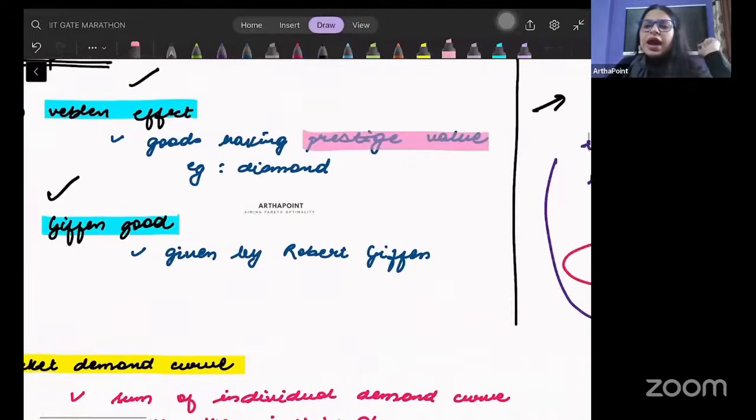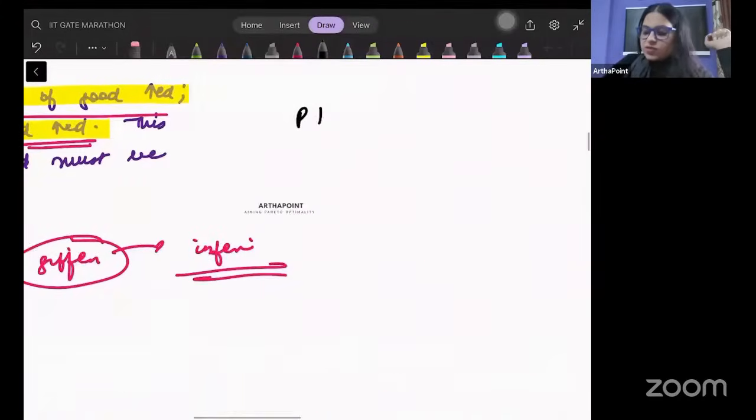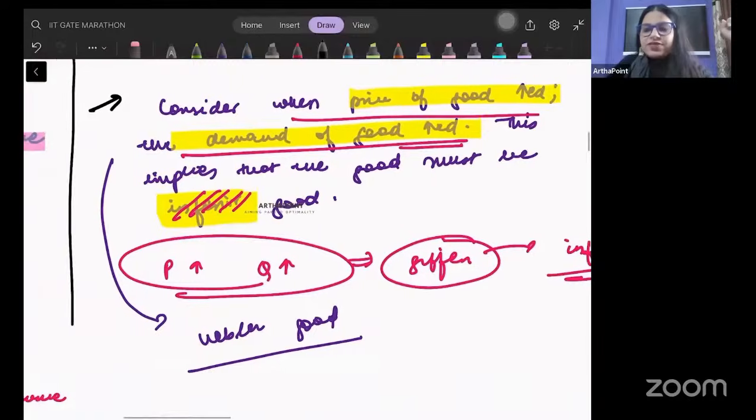The moment the price of the good decreases, like the price of diamond decreases, then those rich people will stop demanding diamond. Or when the price of BMW decreases, then people will stop demanding BMW. So in this case I cannot say that this is always an inferior good. What if it is a Veblen good?